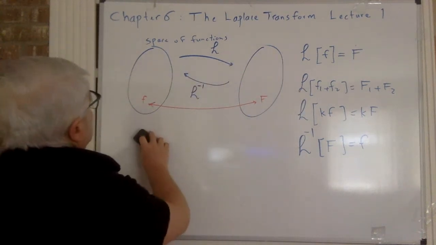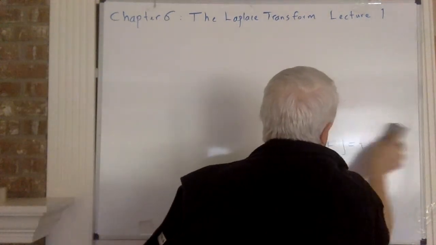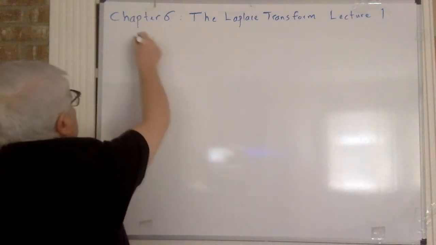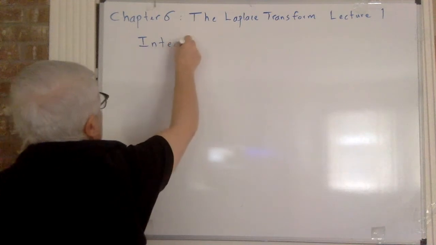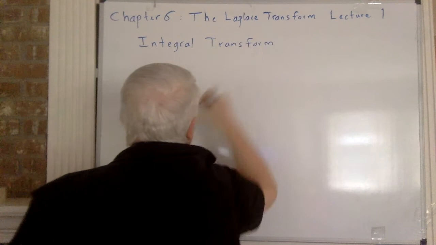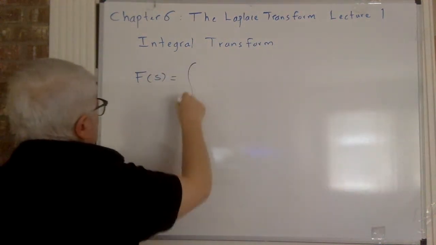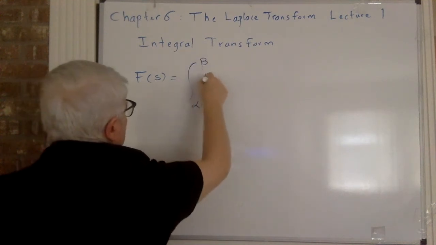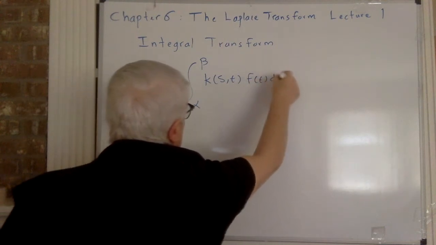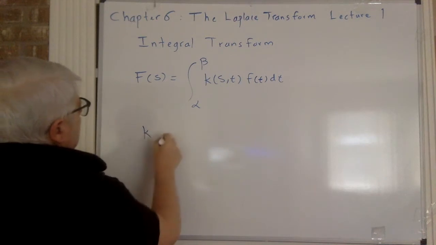Say, okay. So let me erase this and define an integral transform. So an integral transform is something like this. This K is called a kernel.